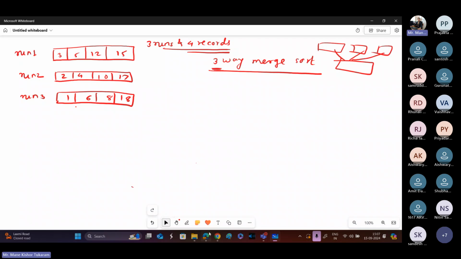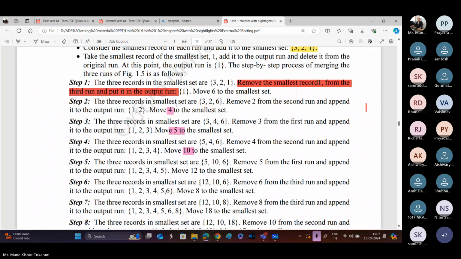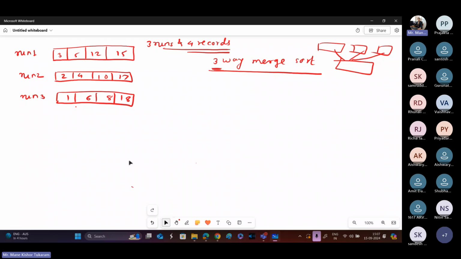Okay, so these are the particular runs, with 3 records in the particular set. You can also solve with me so that you can find the contents very easily, because in this book some steps are not given.